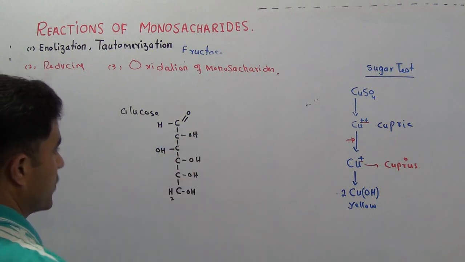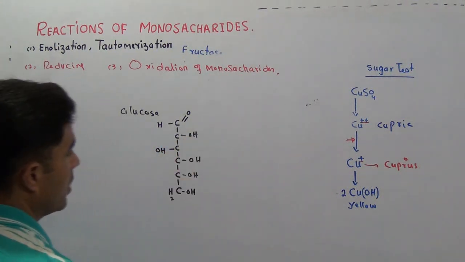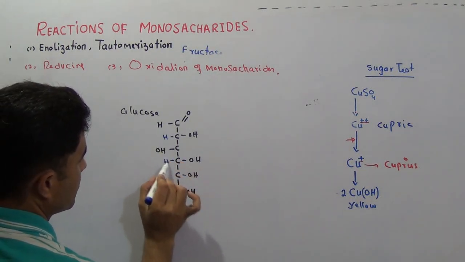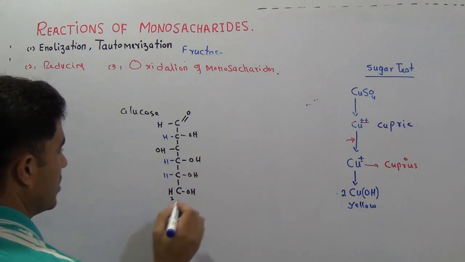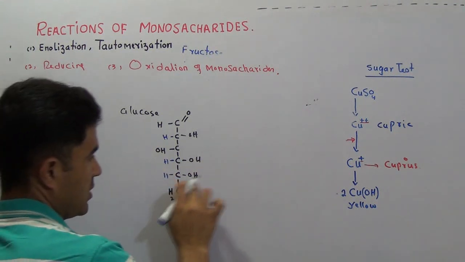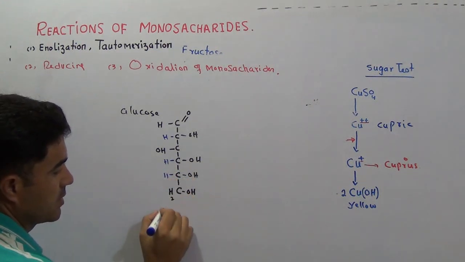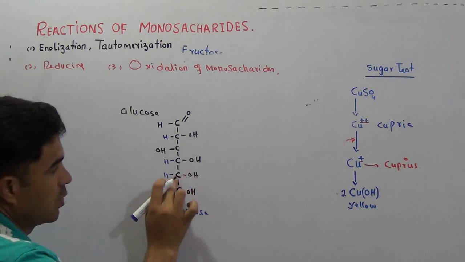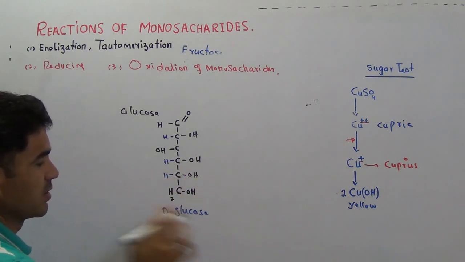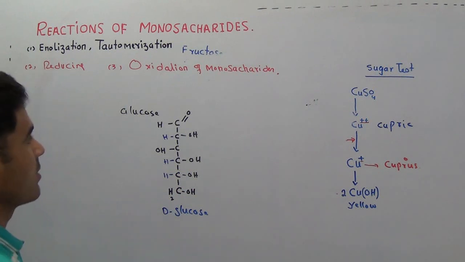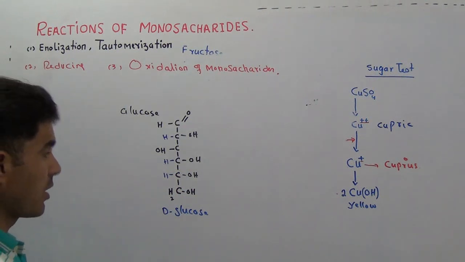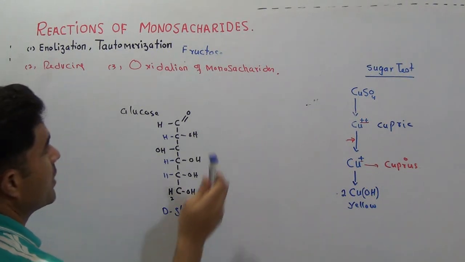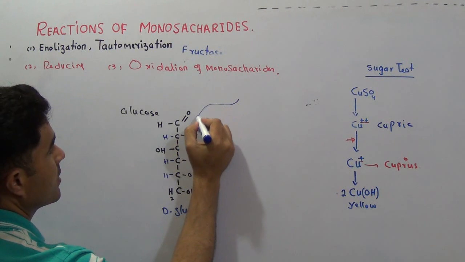Wherever you have mentioned OH, on the opposite side you will mention H. As this is D-glucose, because the OH of the fifth carbon is on the right side.